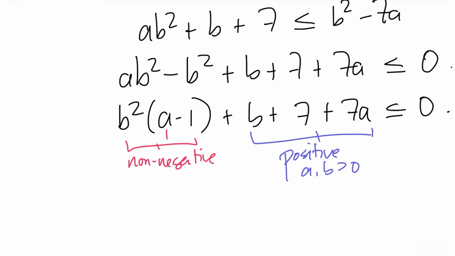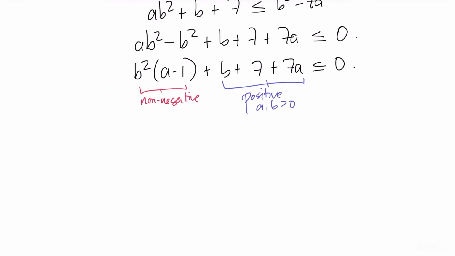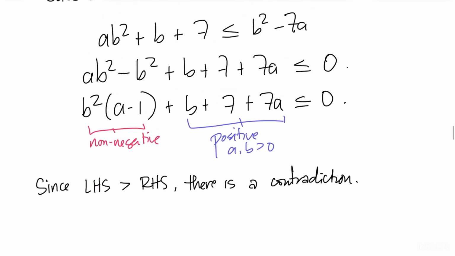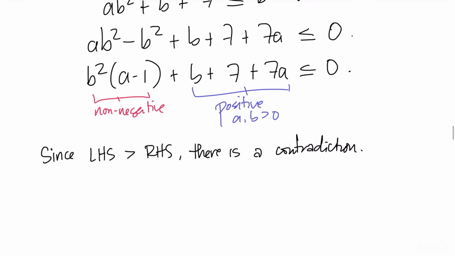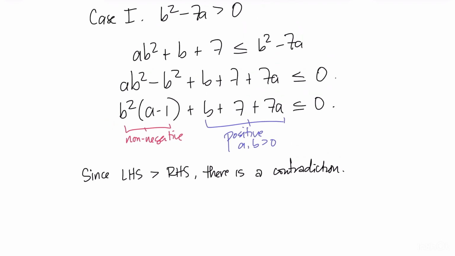But anything else, it's always positive. So a non-negative value plus a positive value is obviously something that's positive. Since the left hand side is greater than the right hand side, there is a contradiction, because of this less than or equal to, it should be negative, but since this is always positive, there's a contradiction. Now, case number 1 clearly does not work.